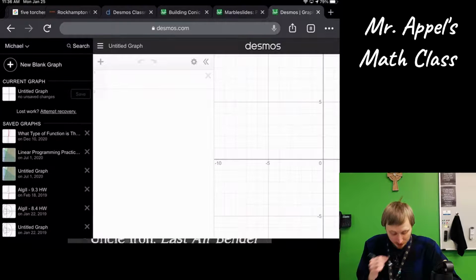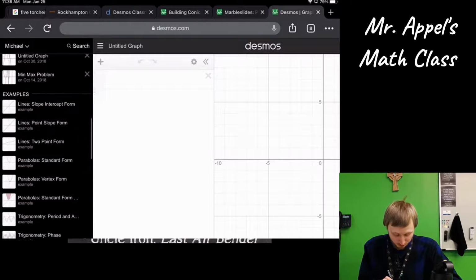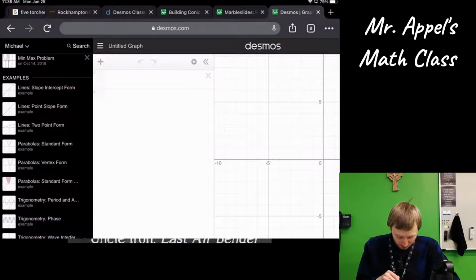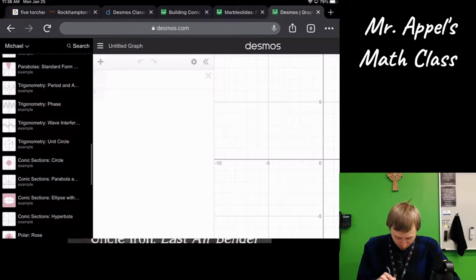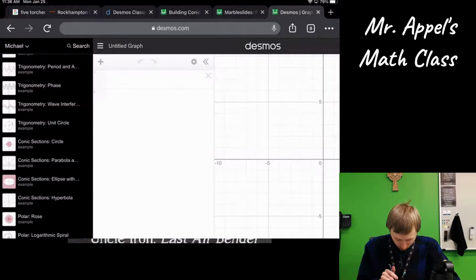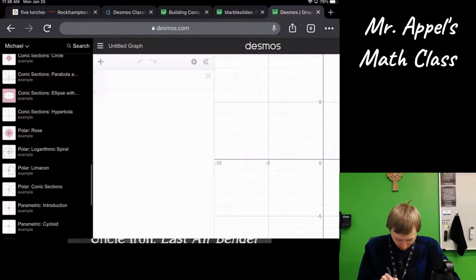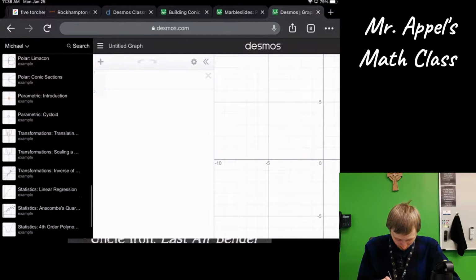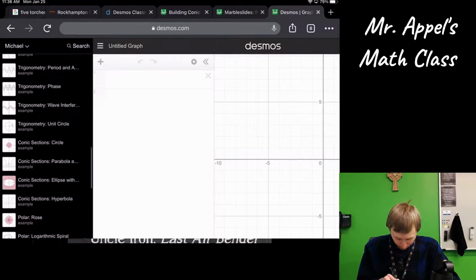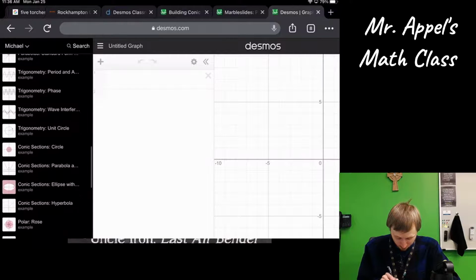Anyways, if you go over here into the menu, you can see I have a lot of saved graphs from before, but there's also these examples pre-made by Desmos. These are really nice if you want to get a feel for some things, and they have the conic sections. They have each of them. I thought there was one with all the conic sections in it. Maybe not.